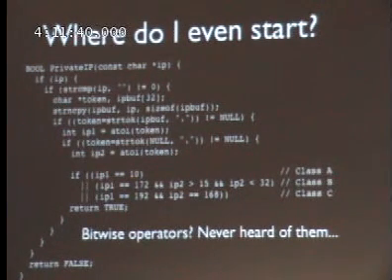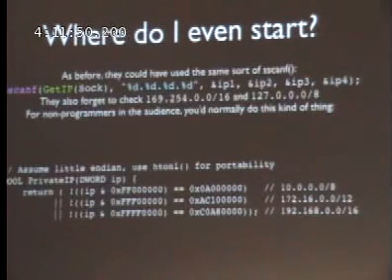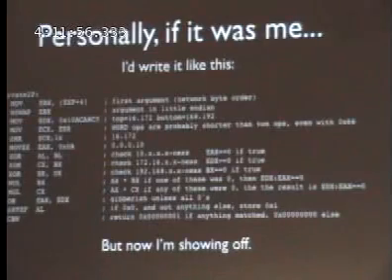Normally the way you do this is with a bit mask, but this person wrote this huge parsing routine to do it, and this is how you'd normally do it. If I was going to do it, I'd write it like this, but I'm just kind of showing off now. Anyway, so that's it. How am I for time? Good? Okay. So any questions?